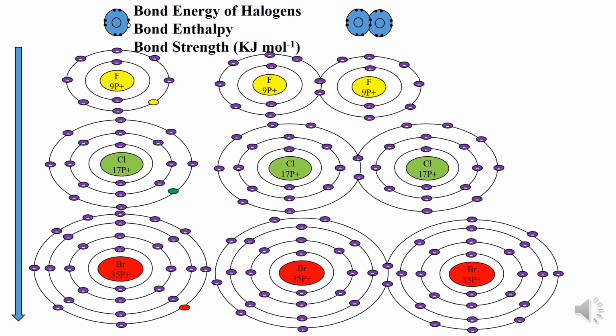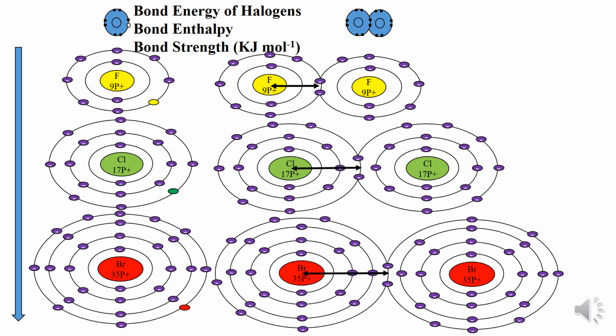Now as you go down the group, you observe that the distance between the positively charged nuclear protons and the shared pair of bonding electrons increases.